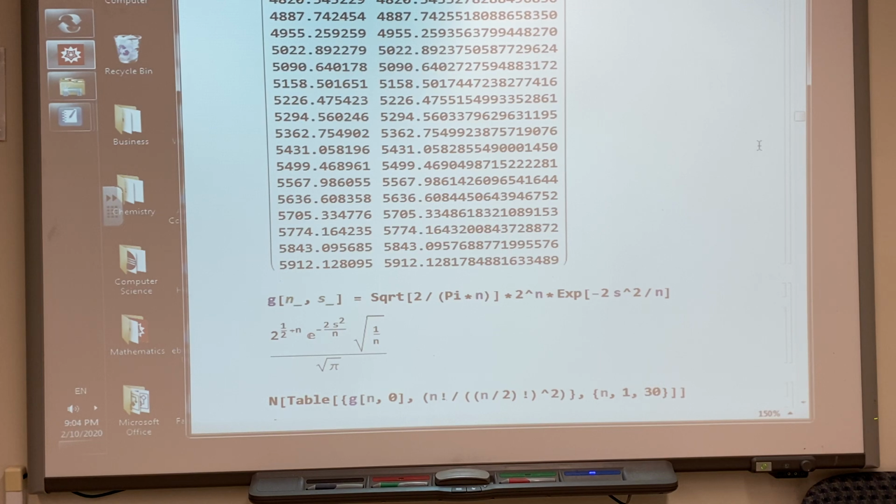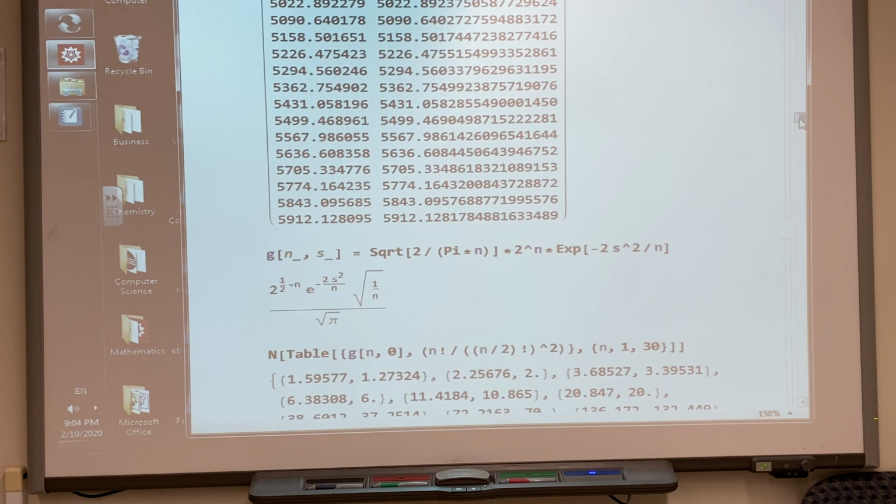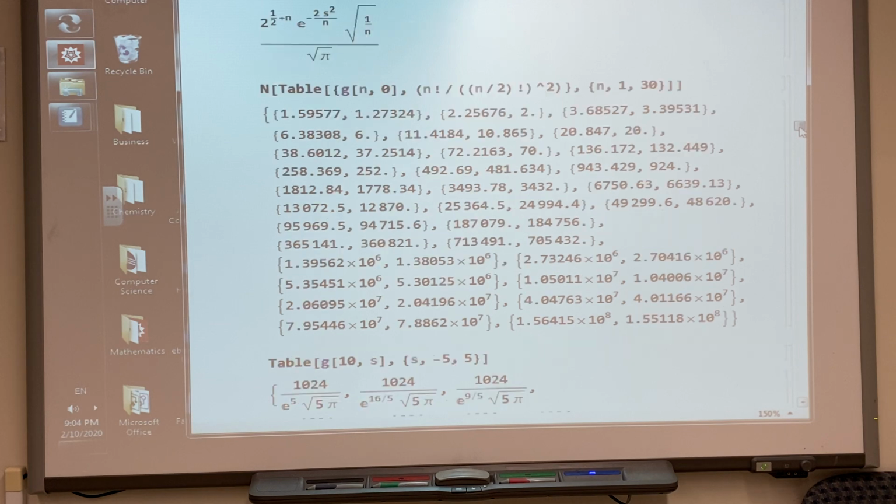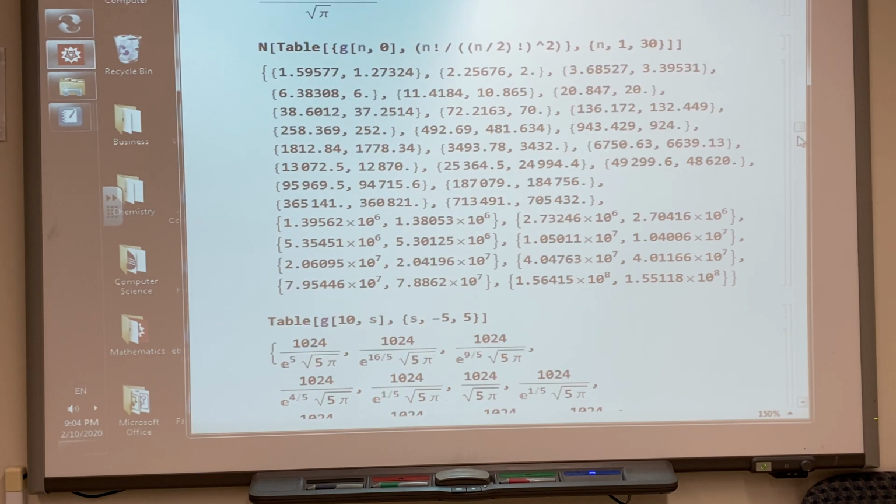What I have here, which is more interesting to you, is that I was comparing my g of n0 with the actual factorial, n factorial over n over 2 factorial squared, to make sure that the approximation is quite good. So the Gaussian approximation to the maximum, you get it for the first 30 numbers quite reasonably.